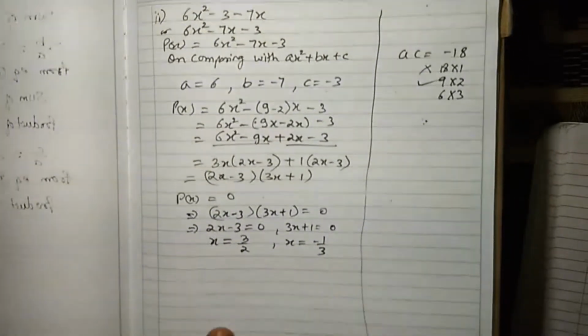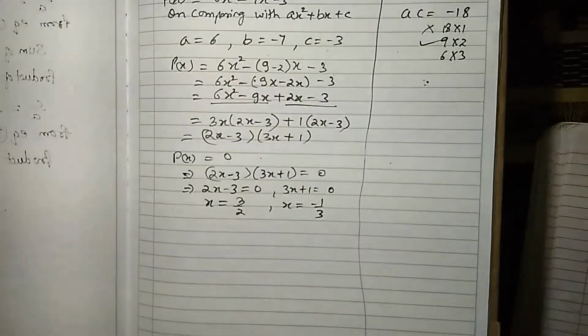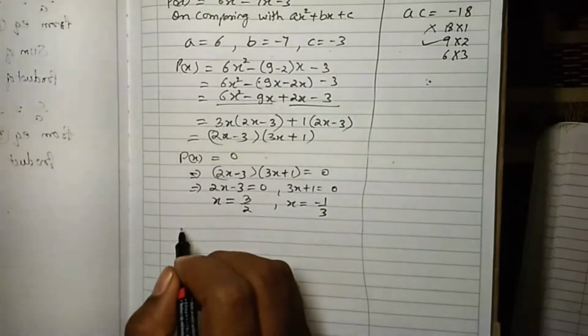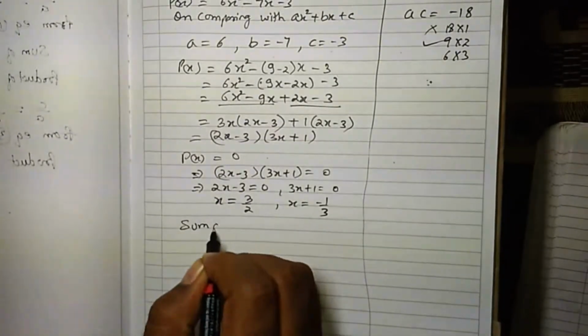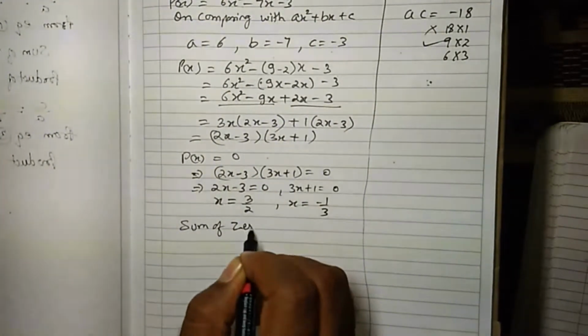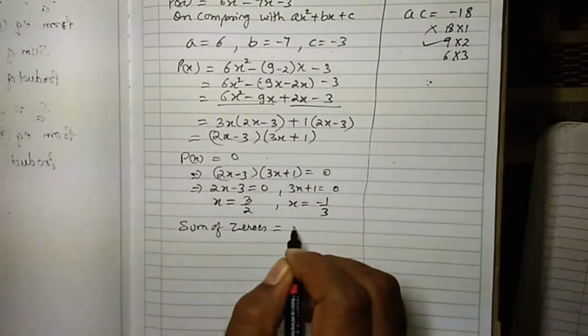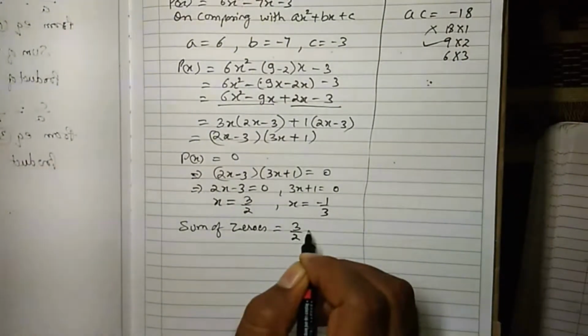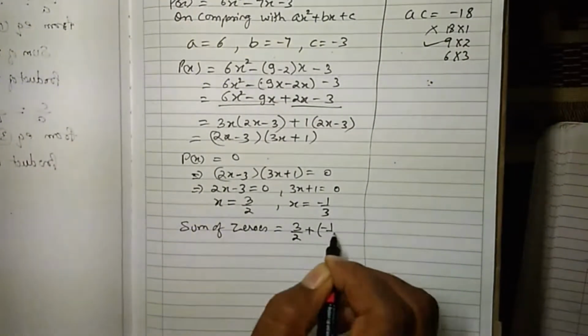Now our next step is finding or verifying the relationship between the zeros and the coefficients of the polynomial. So now sum of zeros equal to 3 upon 2 plus minus 1 upon 3.